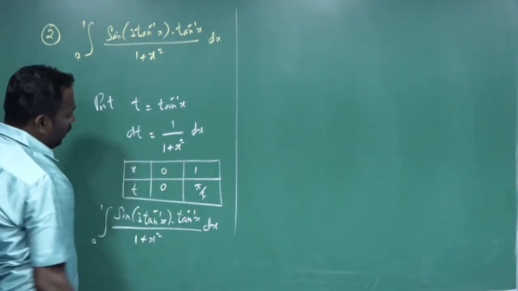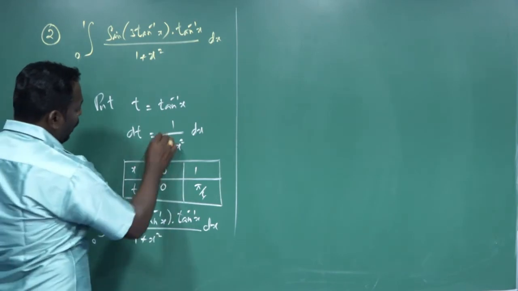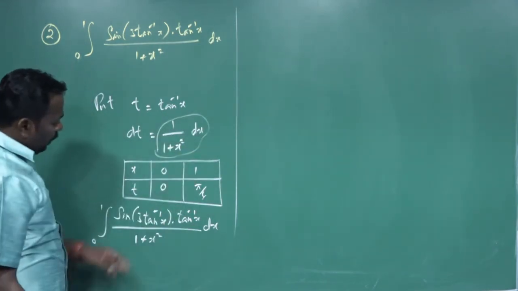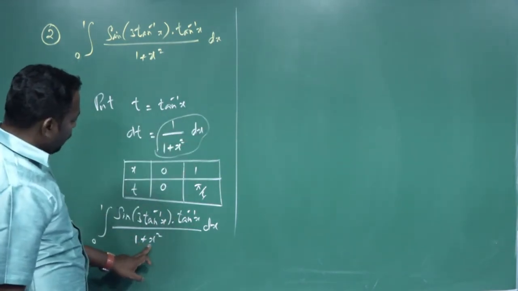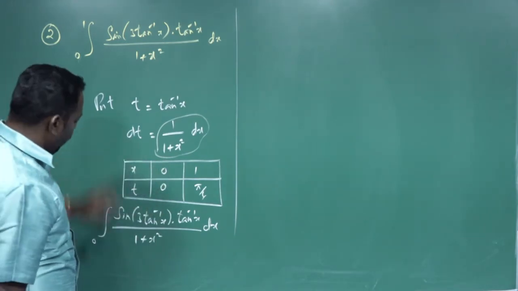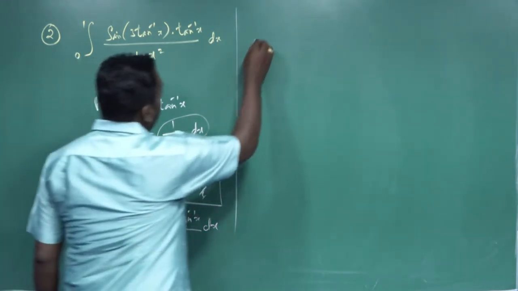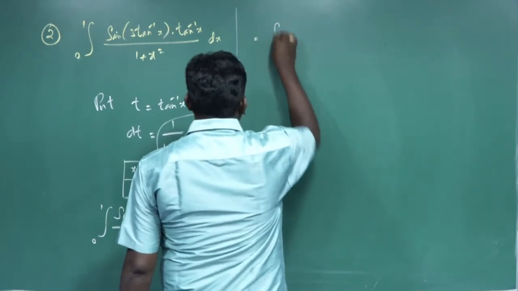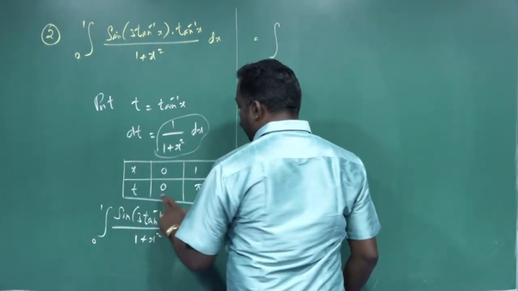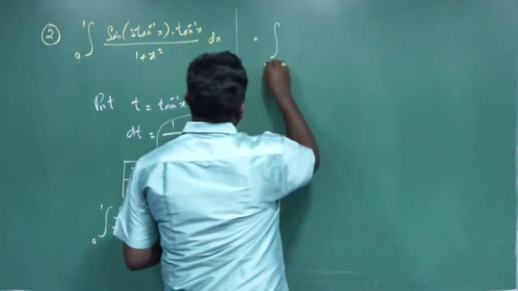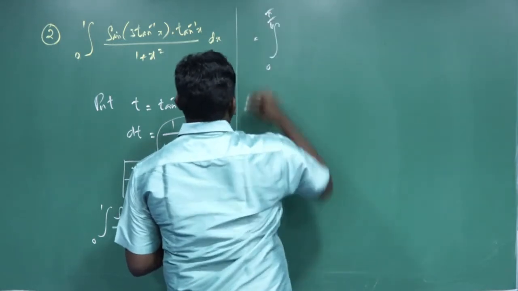So we want to find the dx value. Here dx by 1 plus x square, we have just replaced with dt. Therefore this equation is equal to integration, instead of 0 to 1, we have to write 0 to pi by 4.